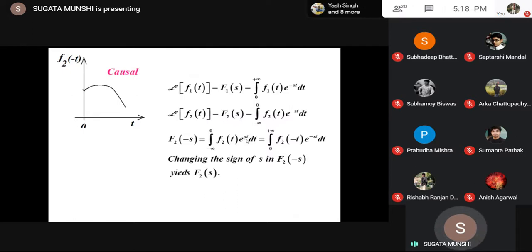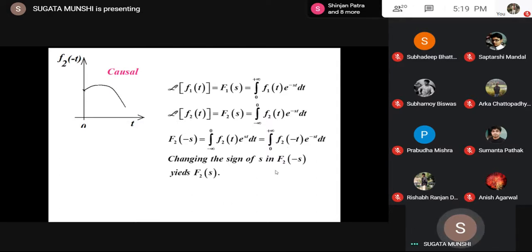So e to the power st becomes e to the power minus st on replacing t with minus t, and f2(-t) is here because you have reversed it in time. So what will happen now? What does that represent?